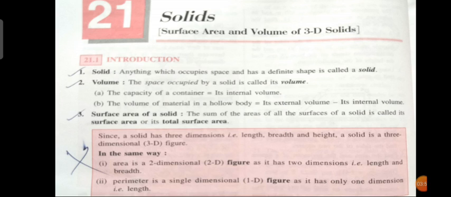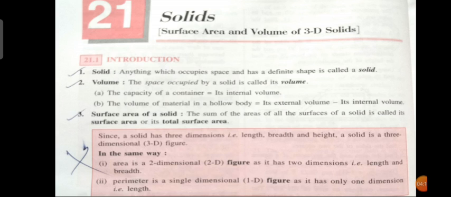And the volume of a material in a hollow body is the external volume minus its internal volume. And what is the surface area of a solid?